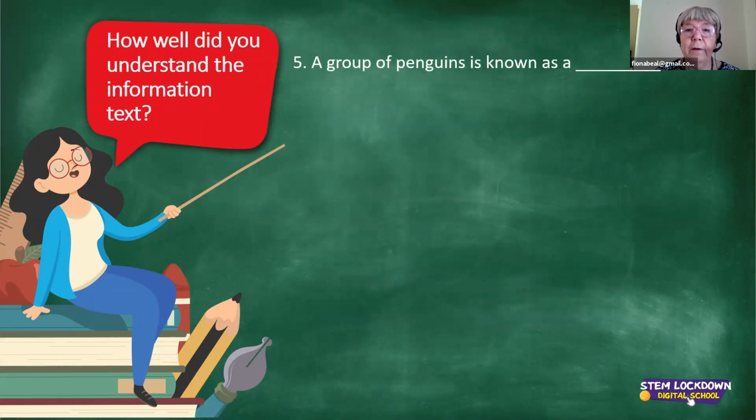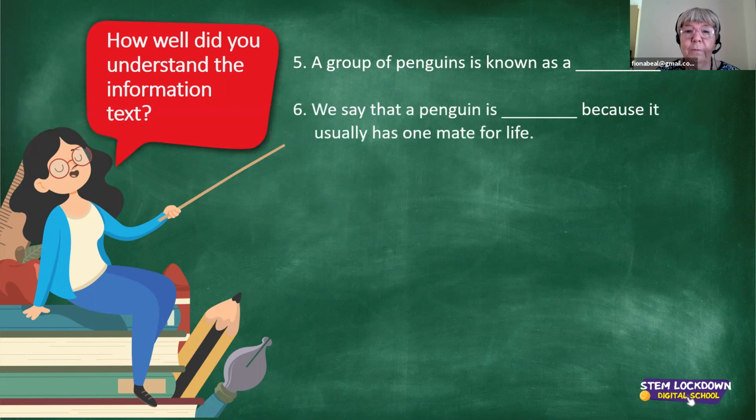A group of penguins is known as a... Number 6. We say that a penguin is something because it usually has one mate for life. Can you remember that big word? We say that a penguin is, and it does start with an M, because it usually has one mate for life.